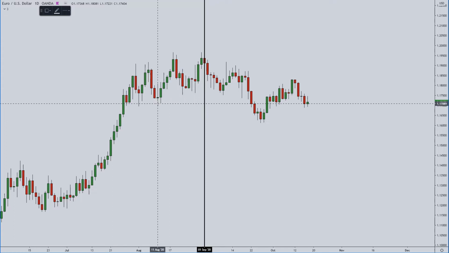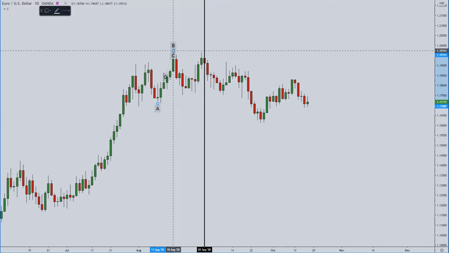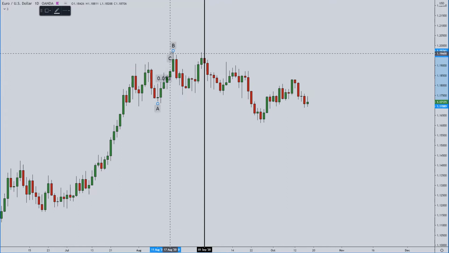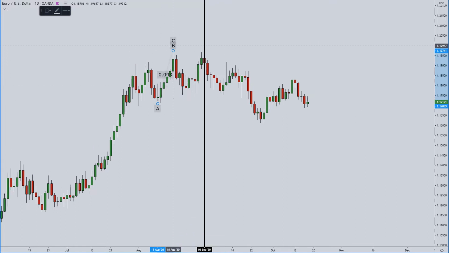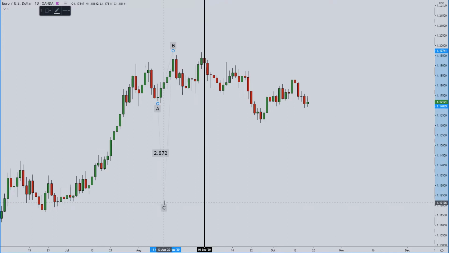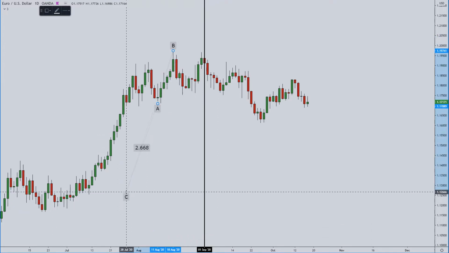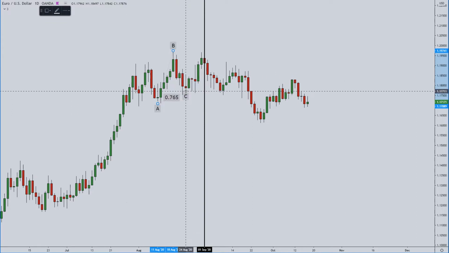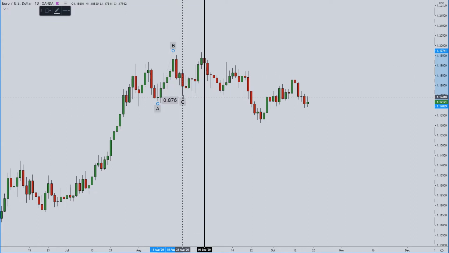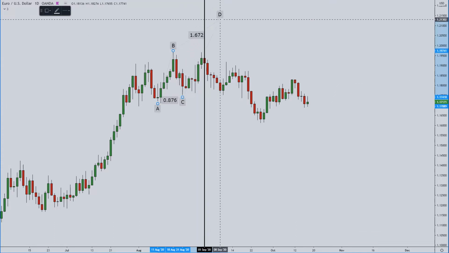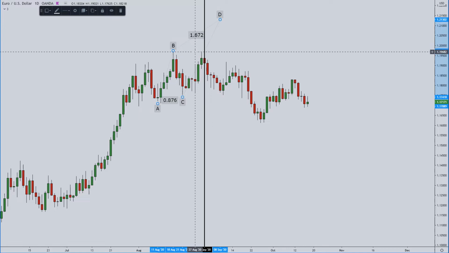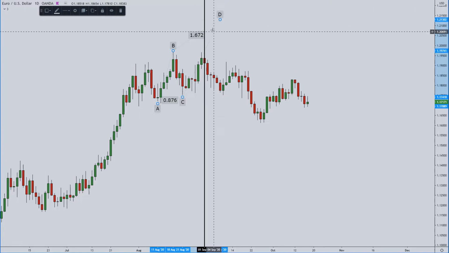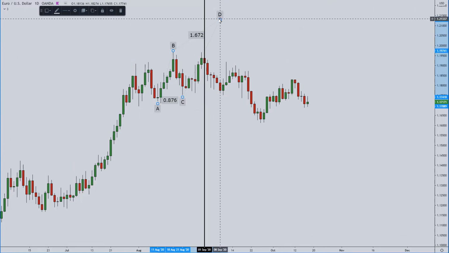This is the support here, so this is called A, and this is called B, this is the top. A to B, 0 to 1, or 1 to 2, 100 meter, doesn't really matter, right? And then the market retraces to C, and then we expect it to move to a place above the B, to come to what we call extension D. Okay?